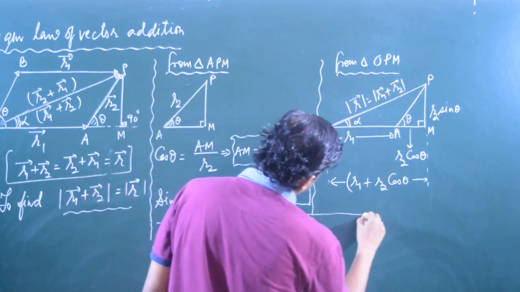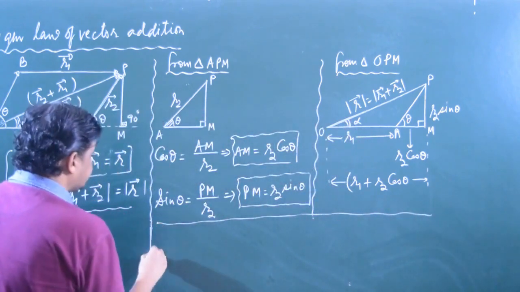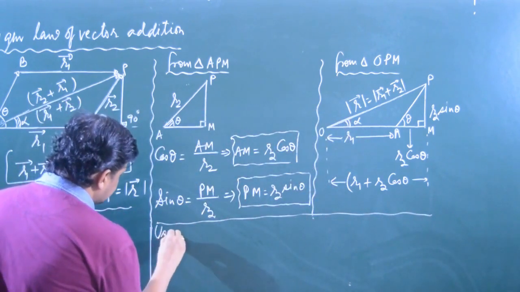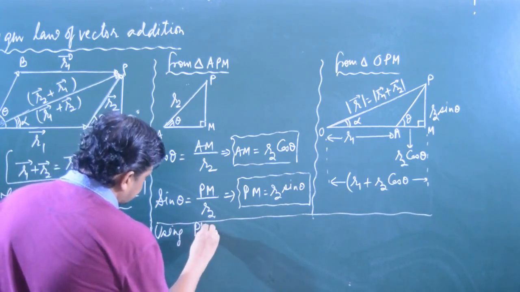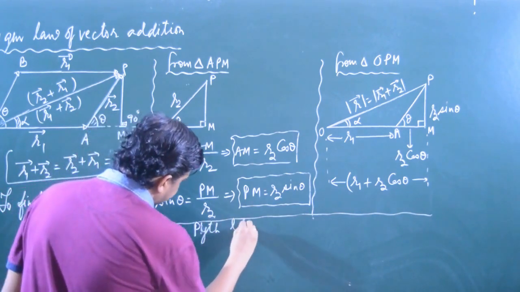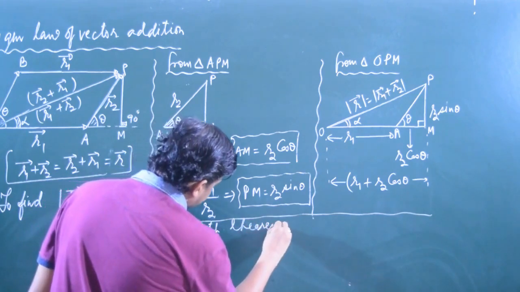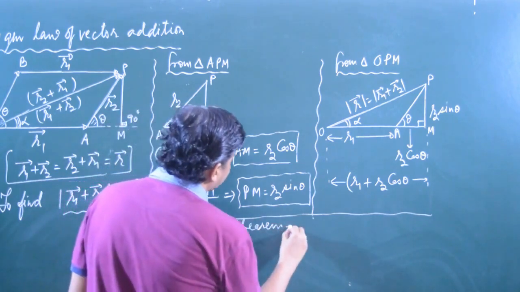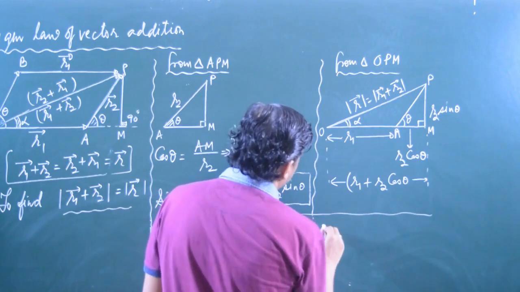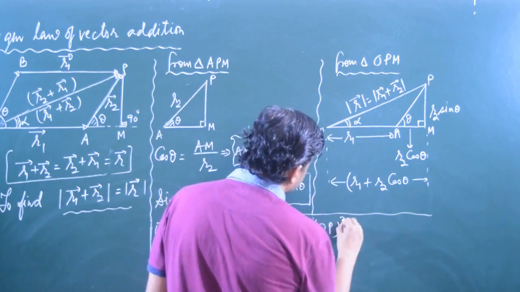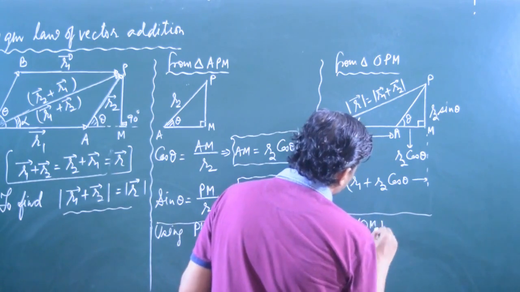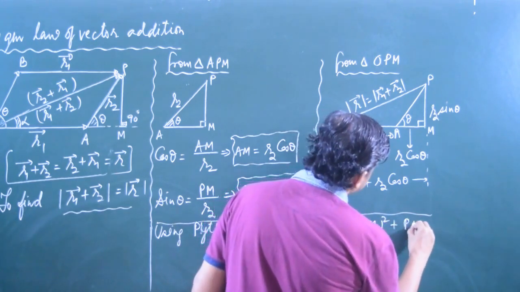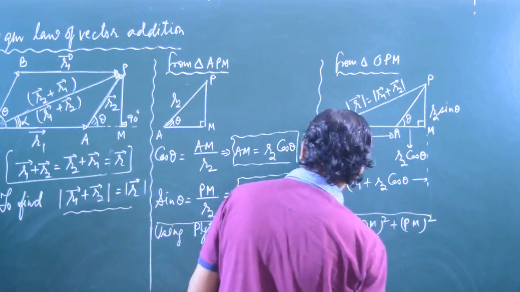So now using Pythagoras theorem, we have, say, OP square is equal to OM square plus PM square.